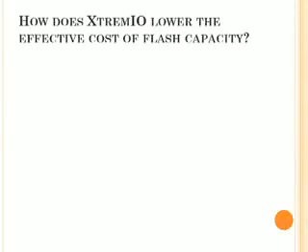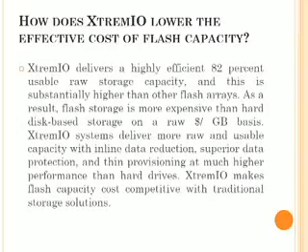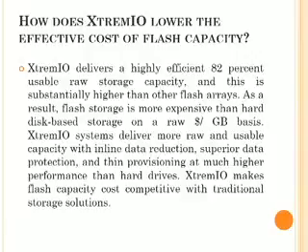How does Extreme I/O lower the effective cost of flash capacity? Extreme I/O delivers a highly efficient 82% usable raw storage capacity, and this is substantially higher than other flash arrays.